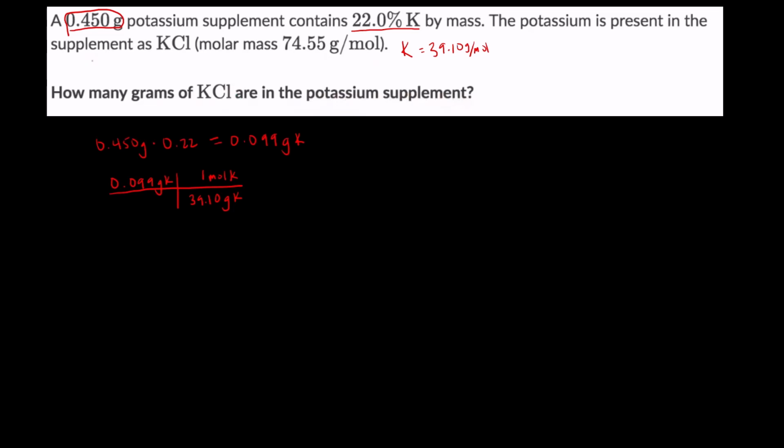And so if we look at potassium chloride and how it's written, it is KCl. And so for every one potassium atom, there is one potassium chloride. So I'm going to go ahead and write that as 1 mole of potassium gives us 1 mole of potassium chloride.